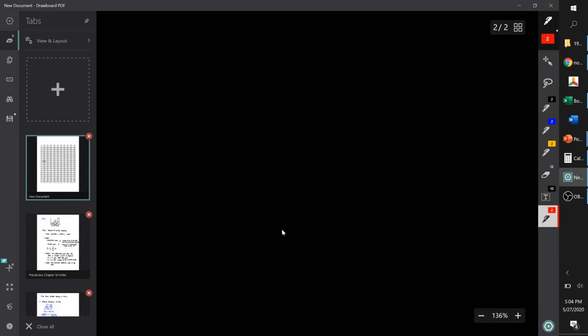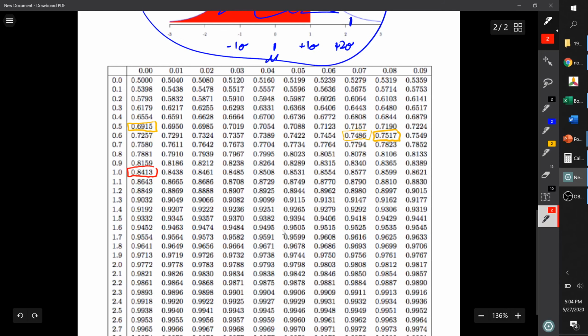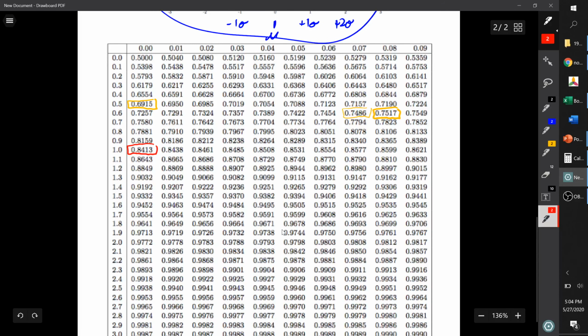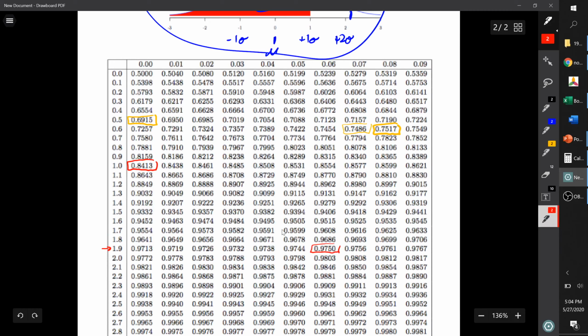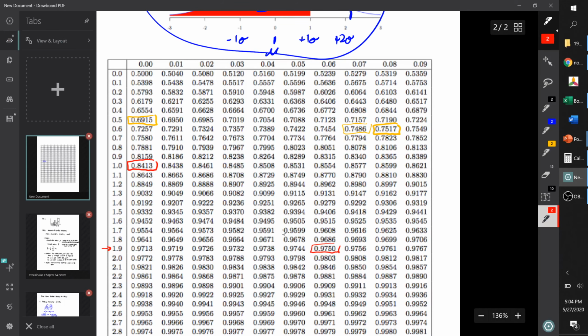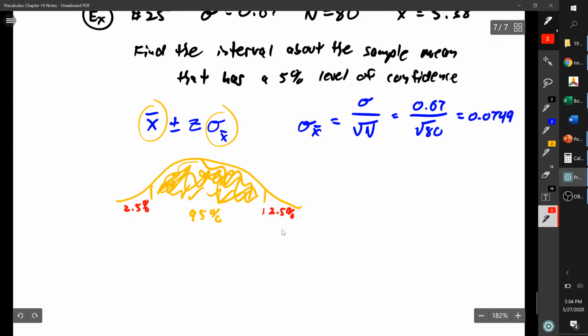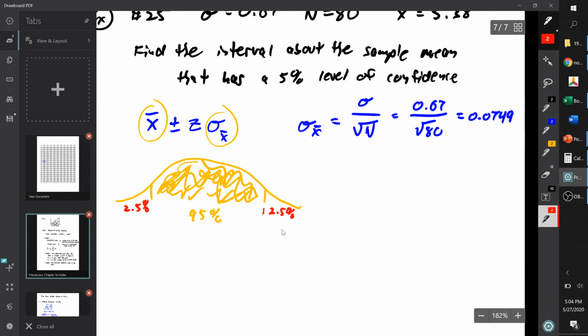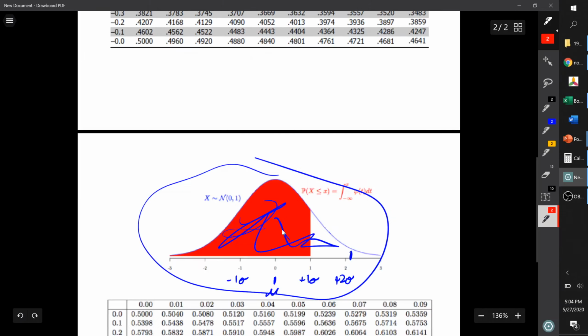So let's do that. We want 0.975. 0.975 is right there. So what's my z value there? It's 1.96. And it would be the same thing if I go to the value above.